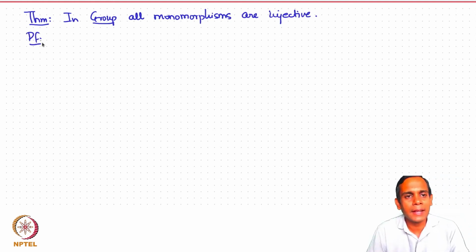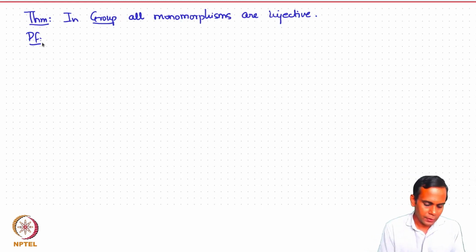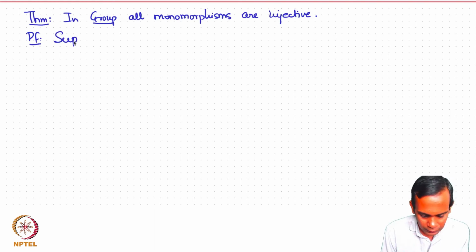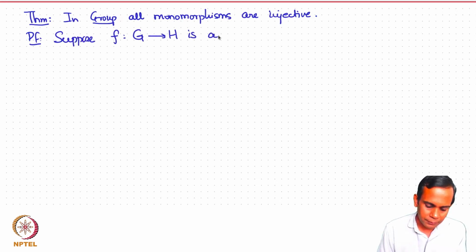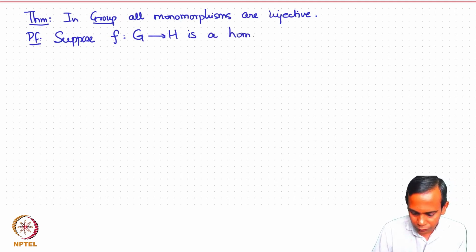Remember that the category Group is the category whose objects are groups and whose arrows are group homomorphisms. What we need to show is that if something is not injective, then it is not a monomorphism. So suppose that f from G to H is a group homomorphism that is not injective.